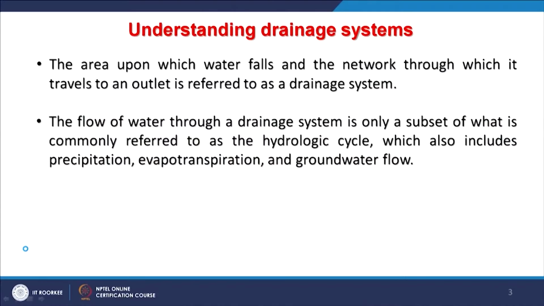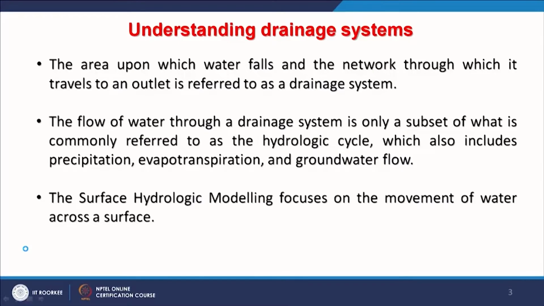So, the hydrologic cycle is very big, but there is a contribution of the drainage system to it, which also includes, as I mentioned, precipitation, evapotranspiration, and also groundwater flow.